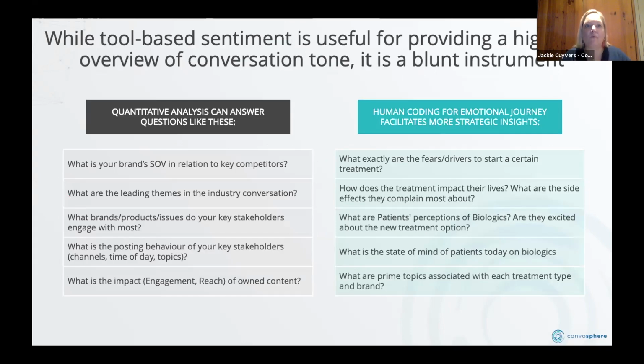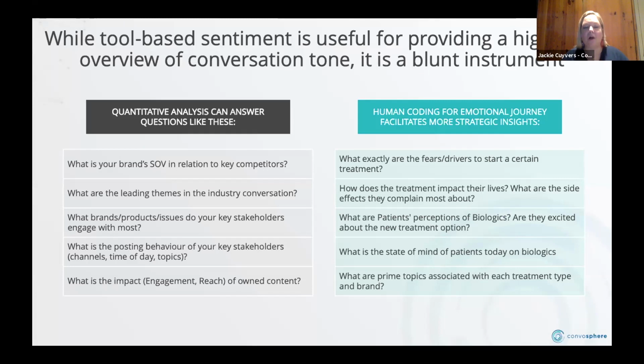So for example, while tool-based sentiments can be really good in providing you an overview, it's a blunt instrument. It can give you the quantitative analysis and answer questions like, what is my share of voice in comparison to competitors? What are the key themes driving conversation?